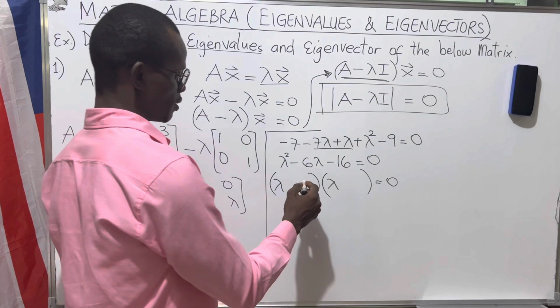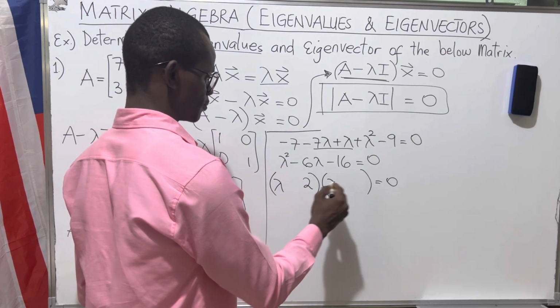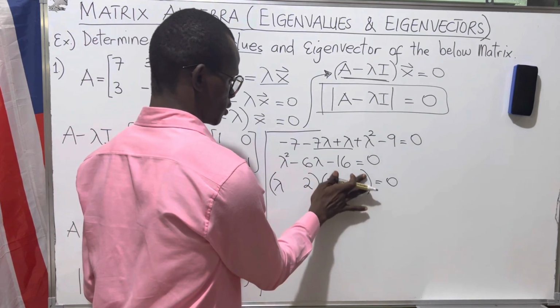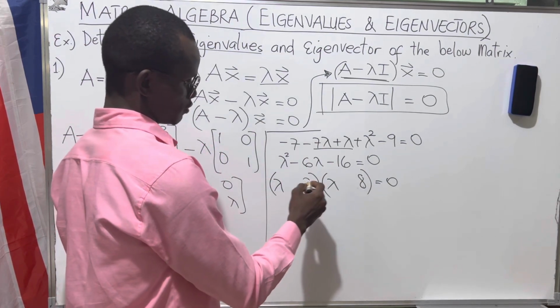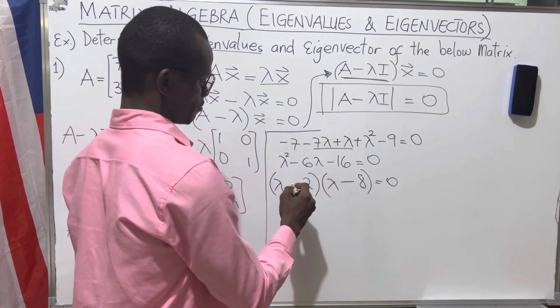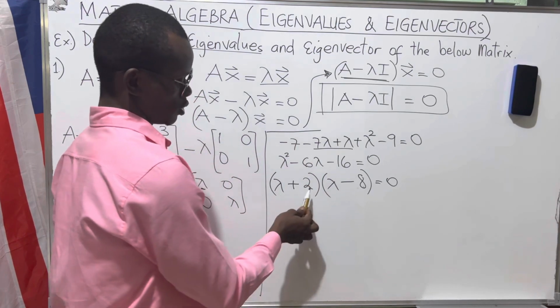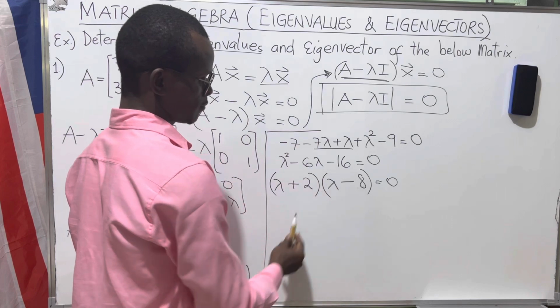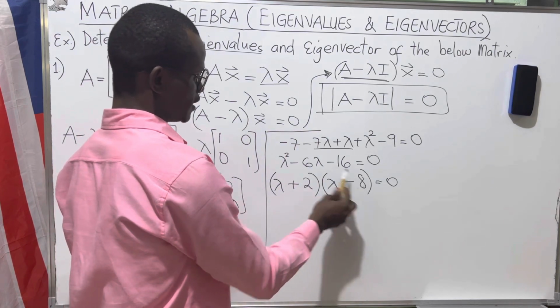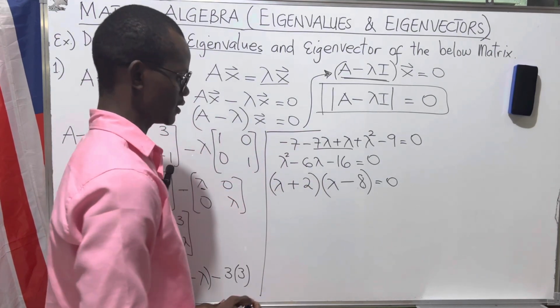You have 8 and 2. If we have negative 8 and positive 2, positive 2 times negative 8 is negative 16, and positive 2 minus 8 is minus 6.